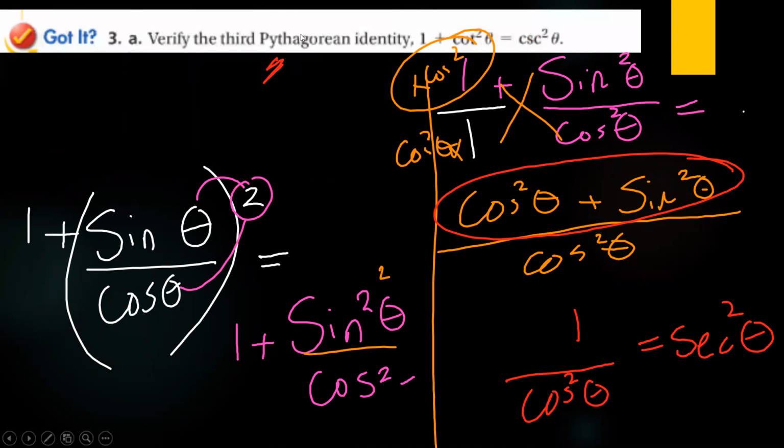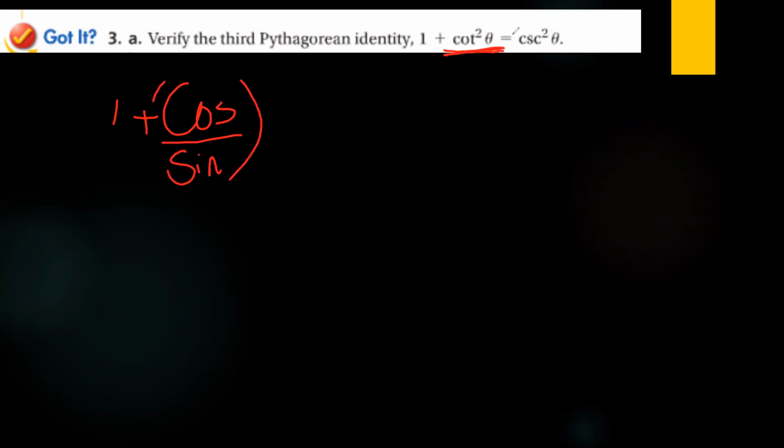And this is here the third Pythagorean identity, that is 1 plus cotan squared equals cosecant squared. Let's have the same steps. 1 plus cotan squared, we know that cotan is cosine over sine, squared.